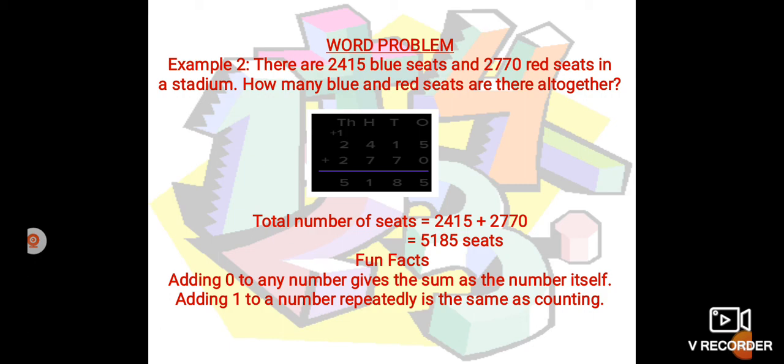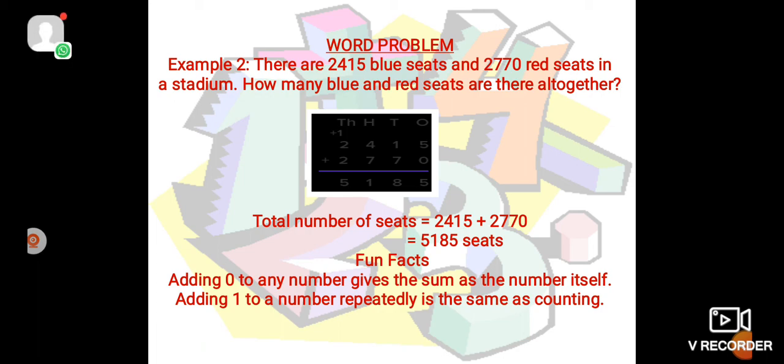How many blue and red seats are there together? One is 2415 blue seats and the red seats are 2770. So we will get the result by adding them.